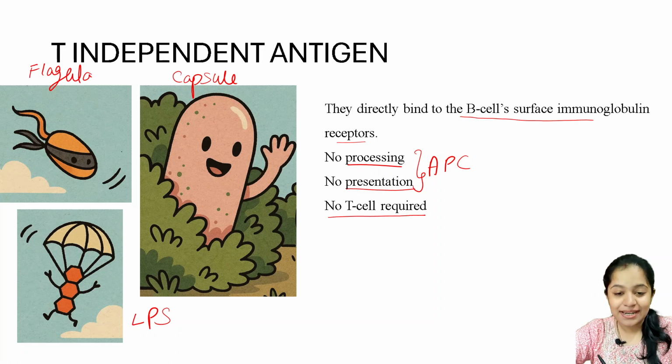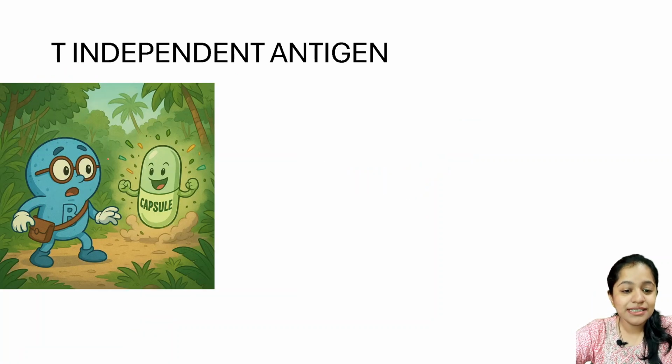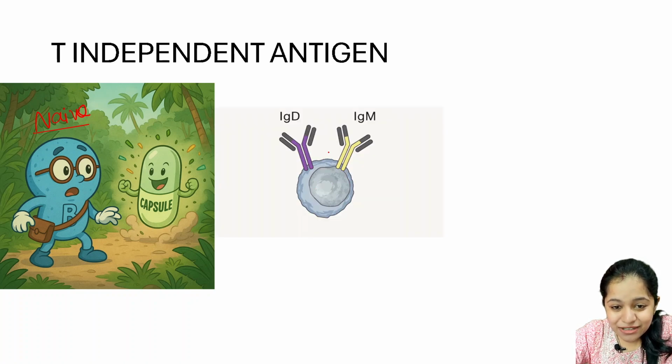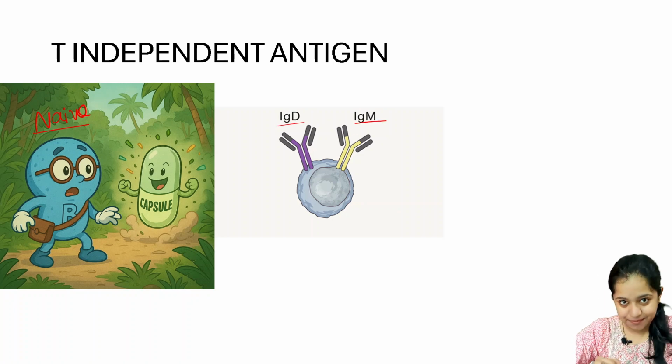But how? Let's see. What happens is your T-independent antigen directly goes to your naive B cell. Okay? It directly goes to the naive B cell. After that, what will happen? This naive B cell has surface immunoglobulin. Which one? IgM and IgD. Okay?